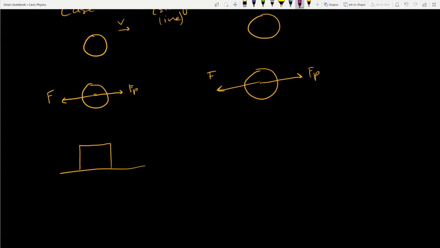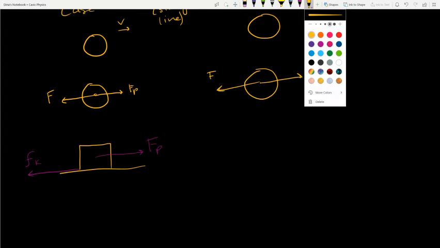Let's say you're pushing it this way, and there's friction going the opposite way. If these two forces are equal and opposite, this box will move at a constant velocity, and Newton's first law applies. So let's take a look at what Newton's second law says.